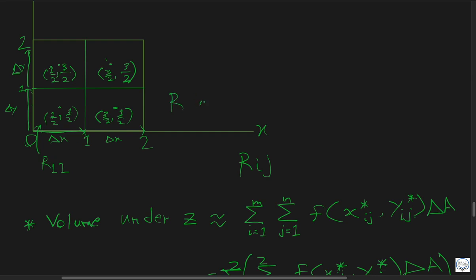Now we move 1 unit towards the right. This means our j value will stay the same because j value increases or decreases with y. Here we are only changing in x. So we have the j value of 1, but our i will increase by 1 because we are moving 1 unit towards the right. So this is R21. Similarly, from here we have increased y by 1, but x has stayed the same.